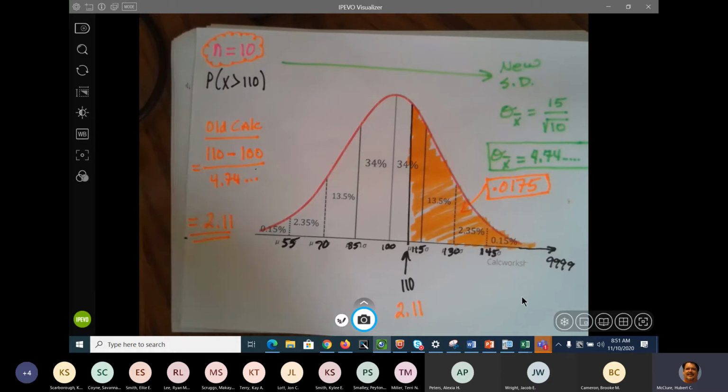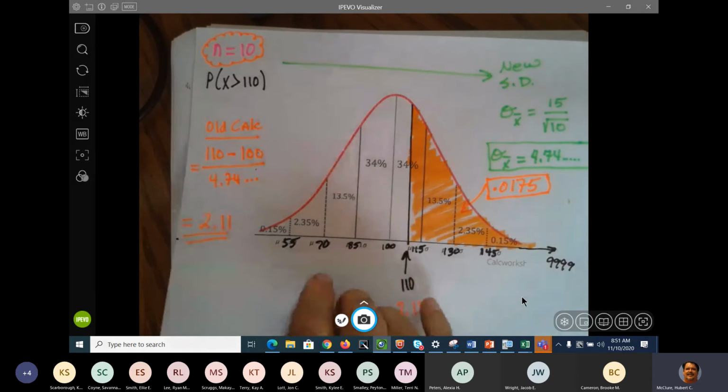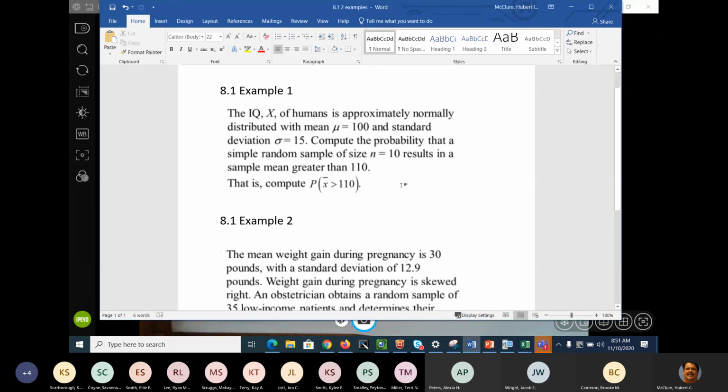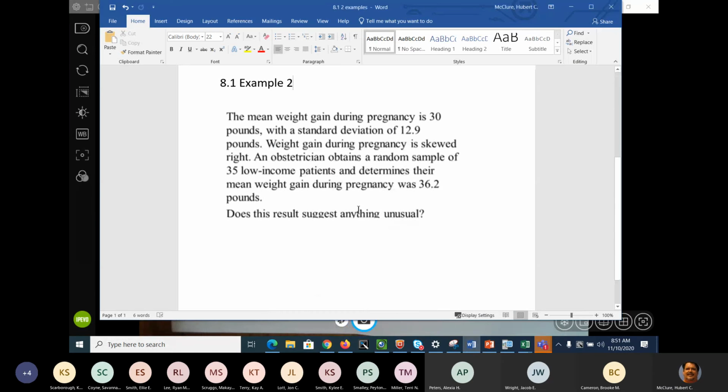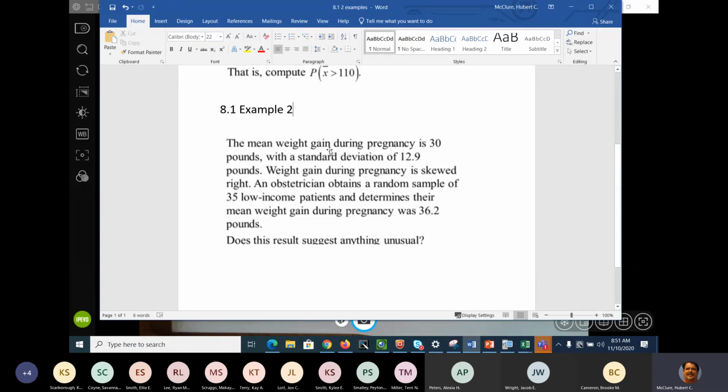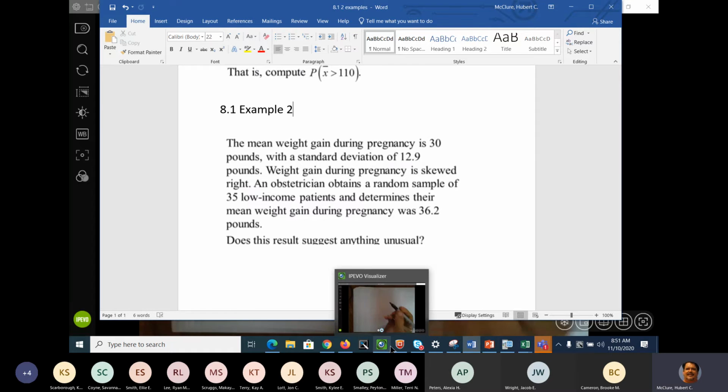All right, let's do that other example. The mean weight gain during pregnancy is 30 with a standard deviation of 12.9. So you would draw that picture. I'm going to go ahead and draw that picture.